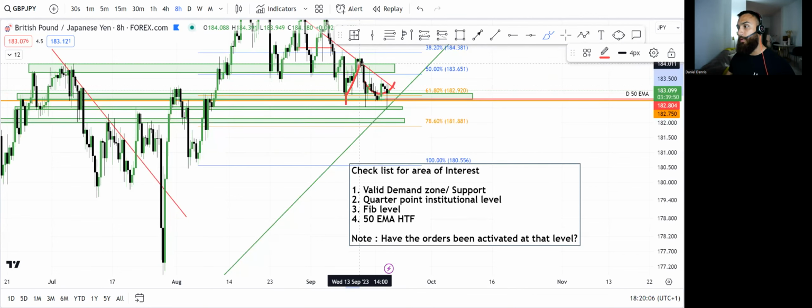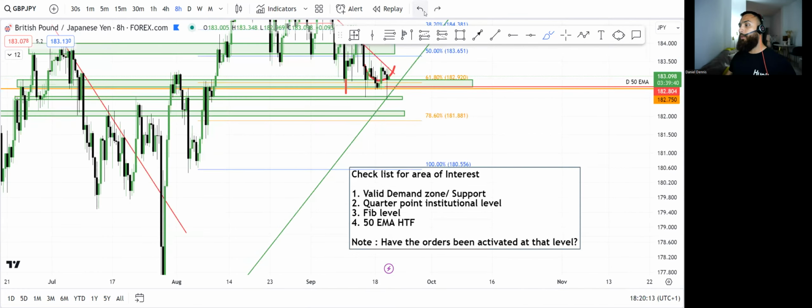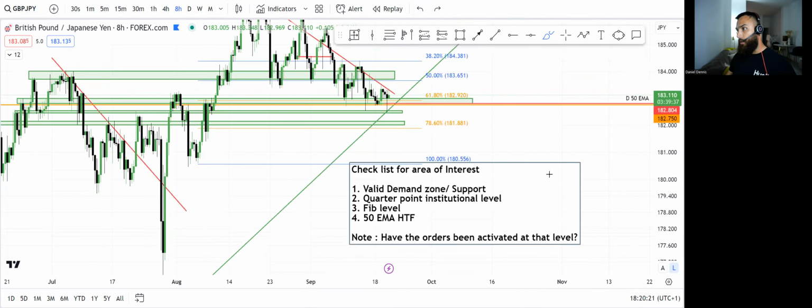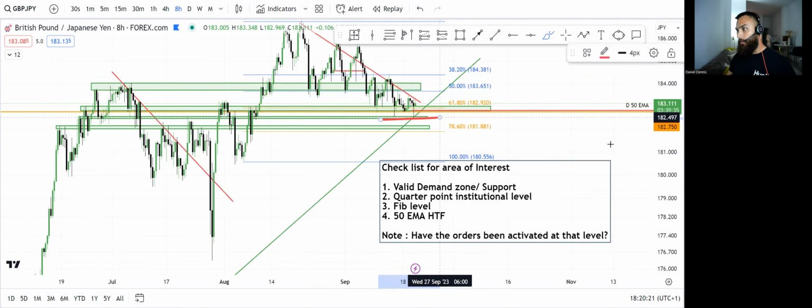So you're going to have to expect that it's probably going to go up, come down. It could even keep doing this for another day, and then it could wick down there and then make its move, if that's what's going to happen. So what we're doing is just building our case for a valid level of support, which, to be fair, is actually looking pretty good for me to be building a bias for buys.